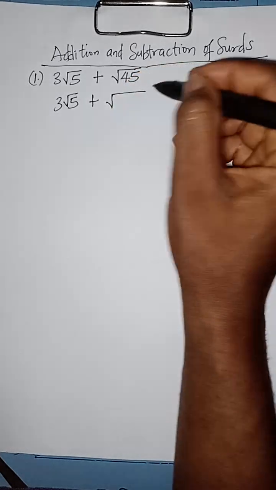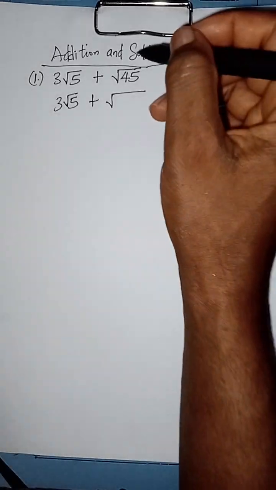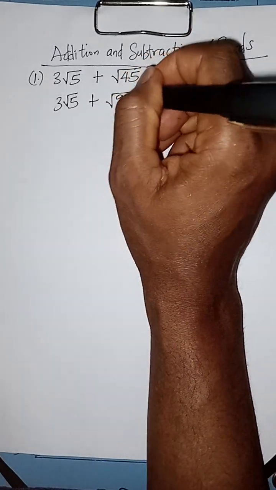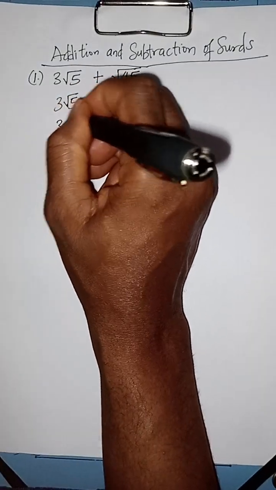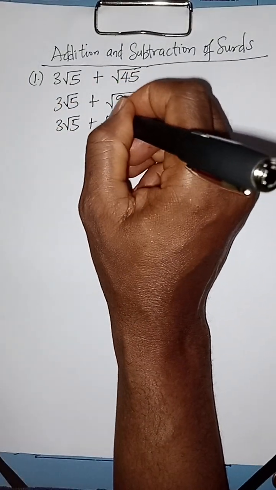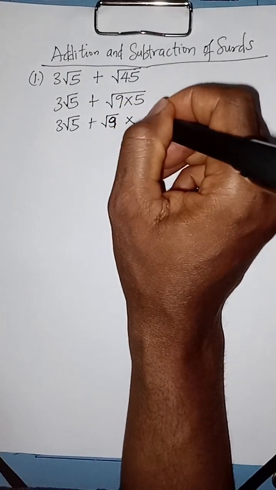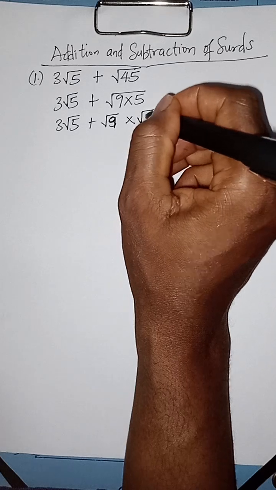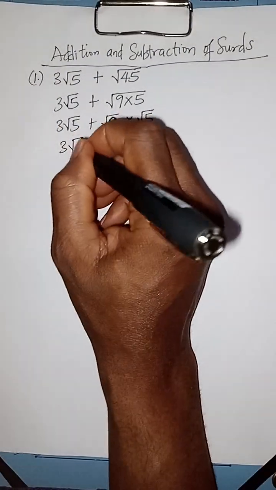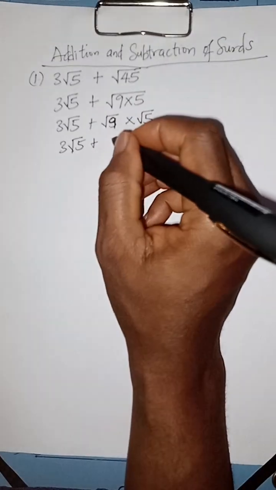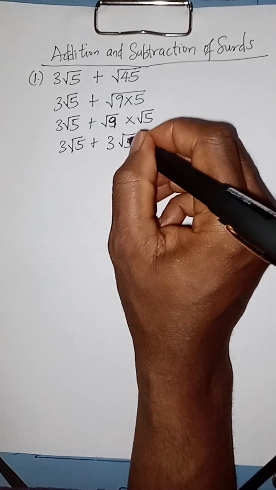One will be a perfect square, and both will be factors of 45. And that's 9 times 5. So this is 3 root 5 plus, you can separate them, 9 times root 5. And so this will be 3 root 5 plus square root of 9, 3 root 5.